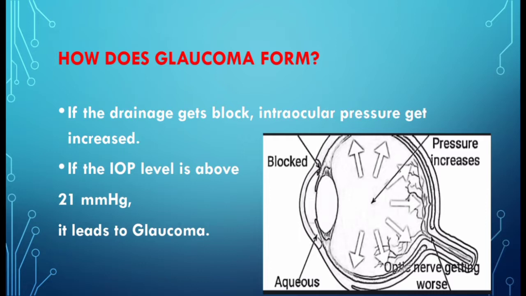So this condition is termed as glaucoma. So in glaucoma, the drainage process gets blocked but production is still happening, so it increases the pressure on the eye and it leads to glaucoma. The IOP level is above 21 millimeter of mercury.